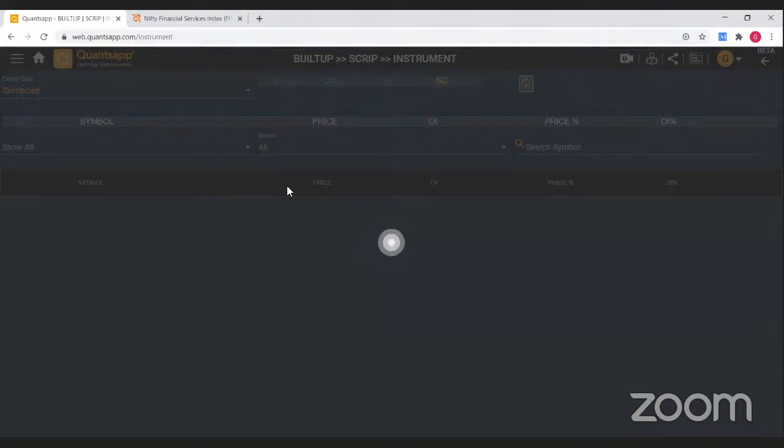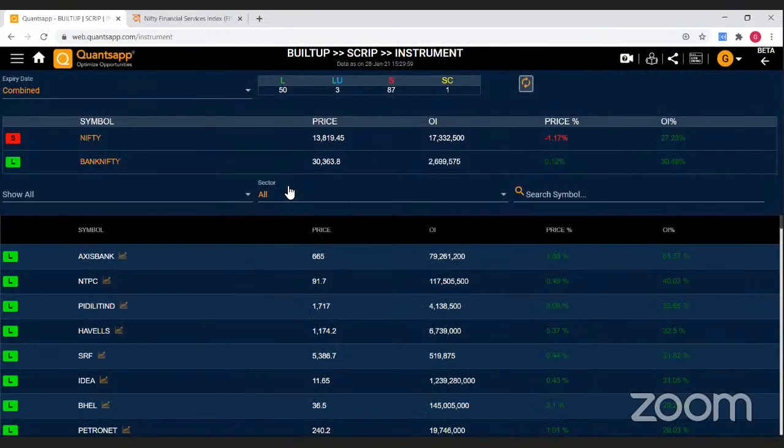And build-up, I would say, is a very big tool. What we have tried here is providing you the color combination. There are only four types of build-up: long, short, long unwinding, and short covering. And we have defined colors for them. So if any stock is written with a green L, that is long.